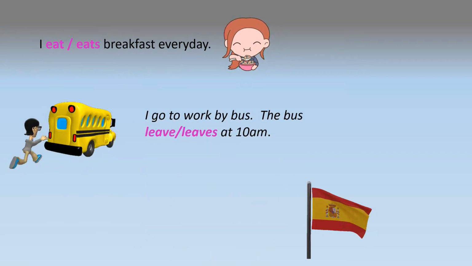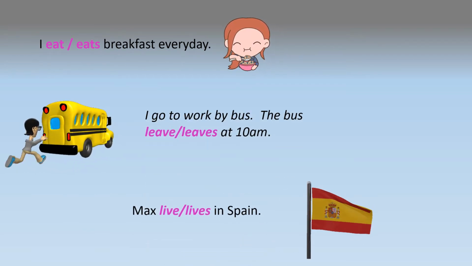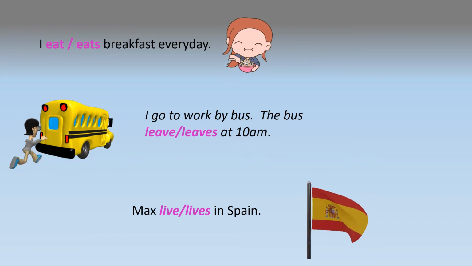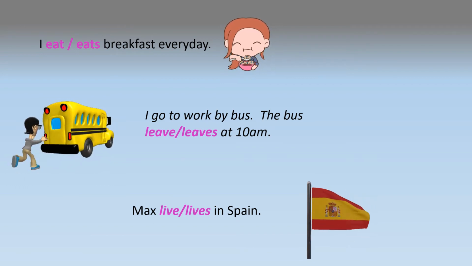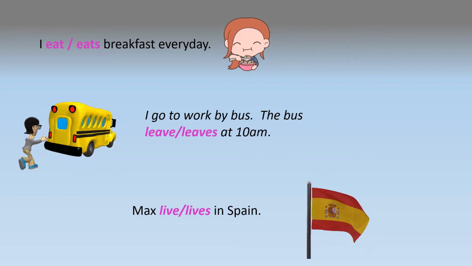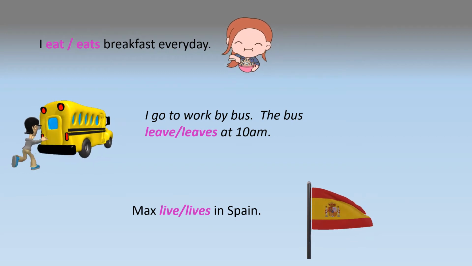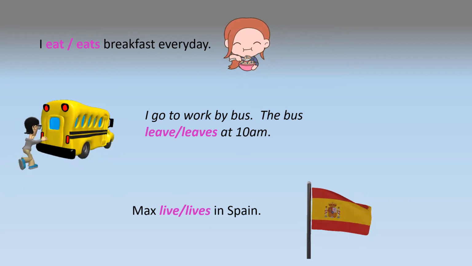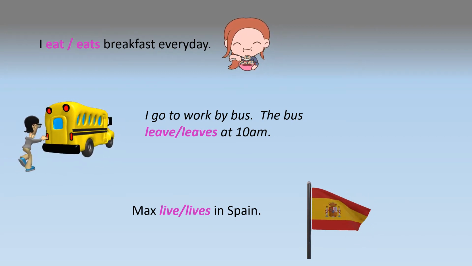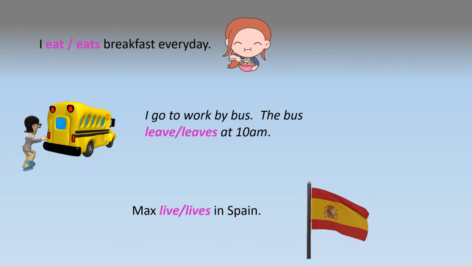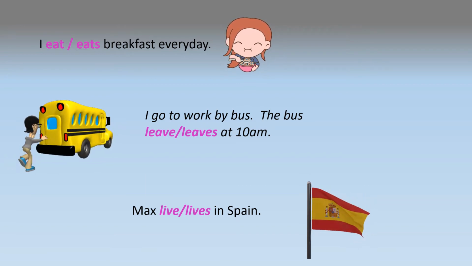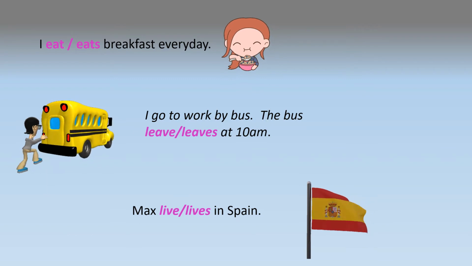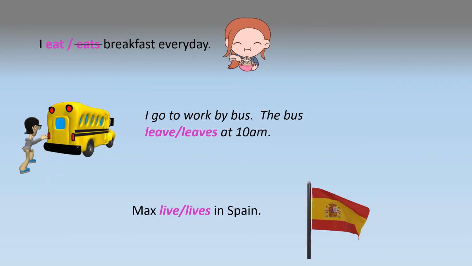Okay, so we're going to go through a few examples and you're going to practice using the present simple. So I've got 3 sentences on there, 3 examples. Let's look at number 1. I eat or eats breakfast every day. Okay, and as you can see, I is the subject. And because the subject is I, you would say, I eat breakfast every day.